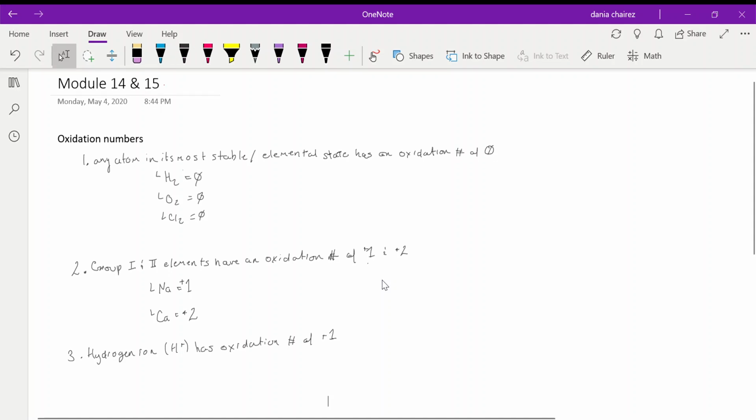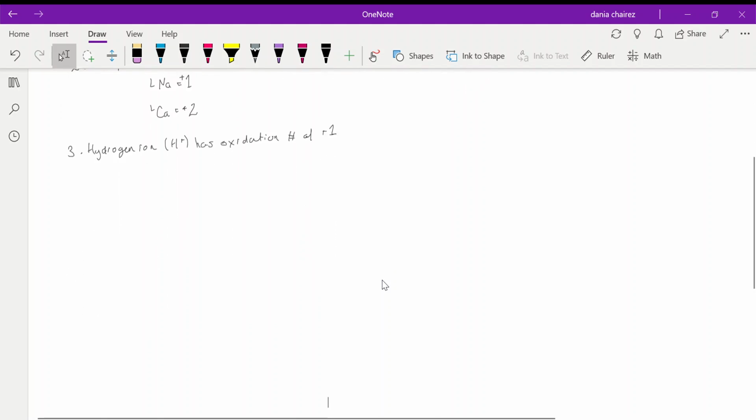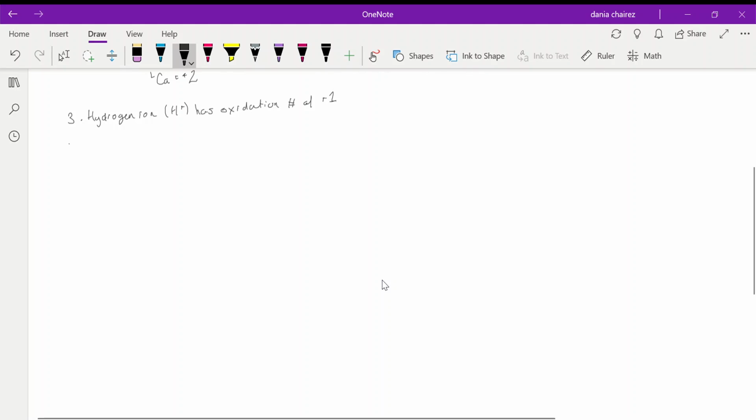And then, hold up, I need to make more room, sorry. A fourth rule would be that oxygen in any compound has an oxidation number of -2, and this is essentially for every oxygen in it.